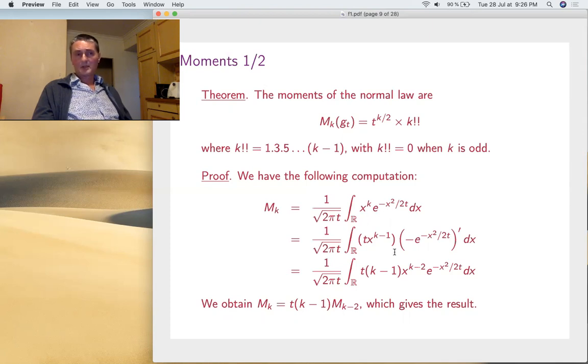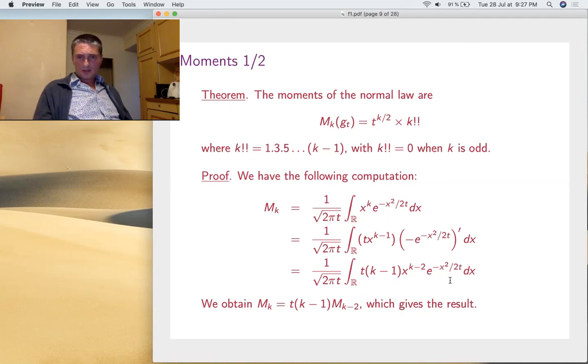It's exactly as for the variance, the second moment. So the idea is that this is the derivative of itself times something, which multiplies the x to the k, and that's what you get. Now you apply the partial integration, so integrate this, differentiate this, and at infinity everything is 0 because you have the exponential.